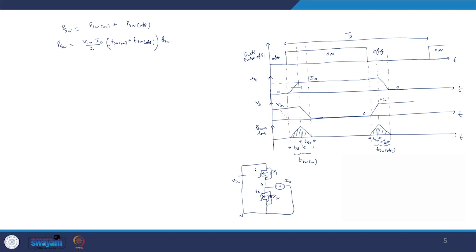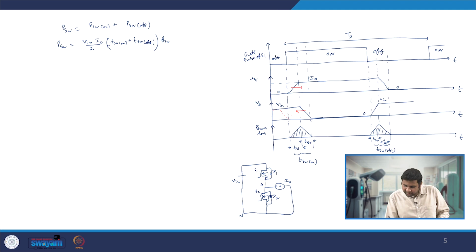So you can say I am delaying I naught, and leading the V, ensuring this falling happens before the current starts rising. There could be many means: you can connect some external circuits, or it may happen by the operation of the converter.